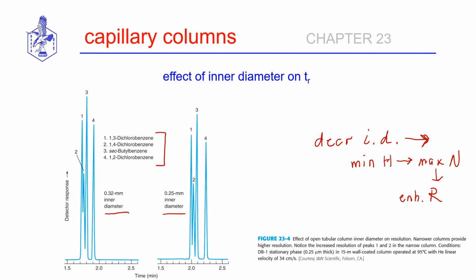And you will notice that peak 2, once again, has very poor resolution on the wider inner diameter column. But if you narrow that down, we're getting improved resolution of peak 2. It's almost coming all the way back down to baseline on the left side here. So you can see clear improvement in that. And so the inner diameter is another parameter that has to be considered in purchasing your capillary column.